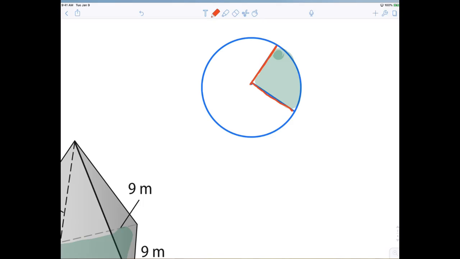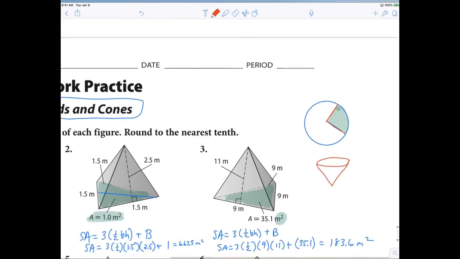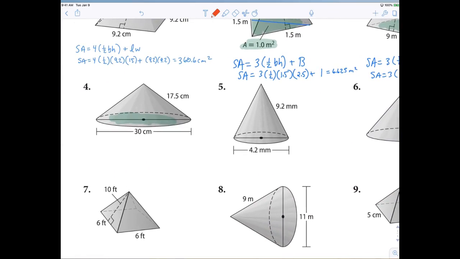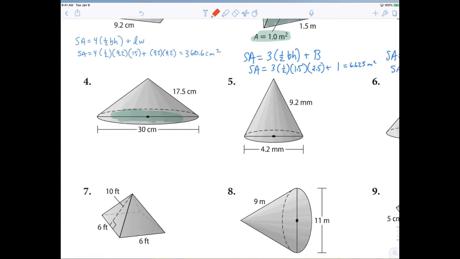If I tape those together, it will actually do just like that. It's kind of hard to see, but if you take a circle, cut out a wedge, and then tape it together, you'll get the cone. Very, very hard to do.